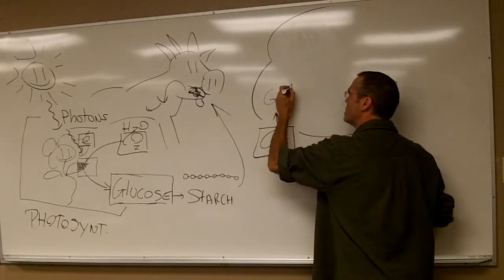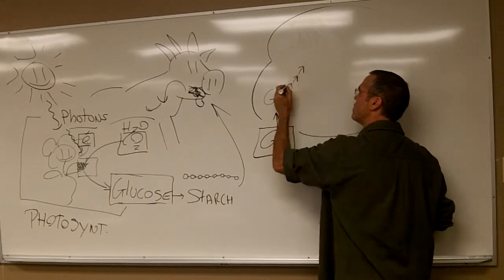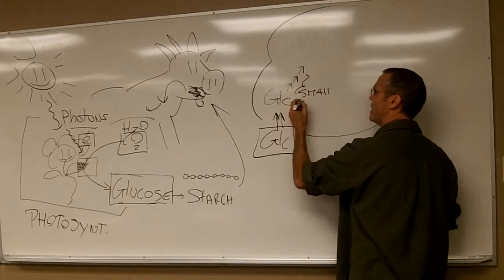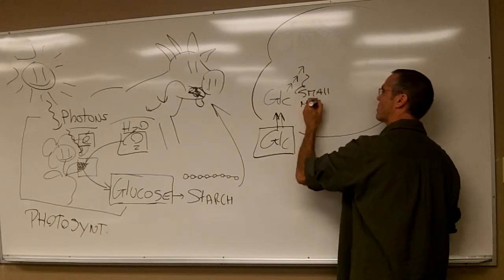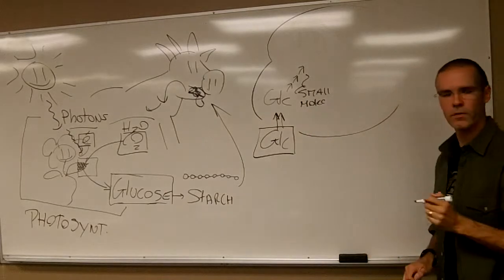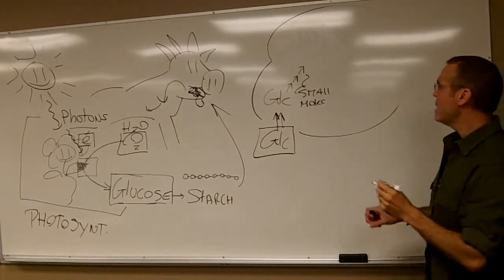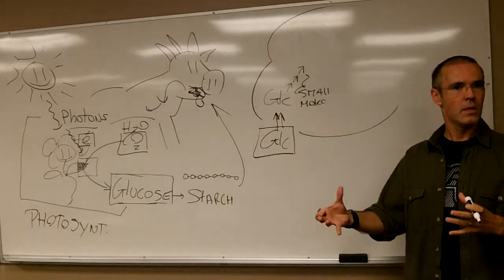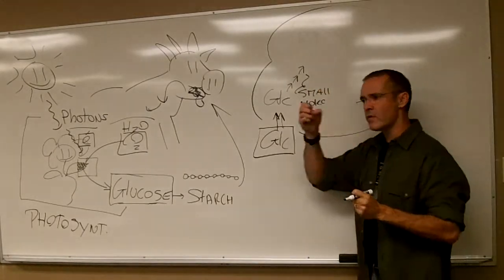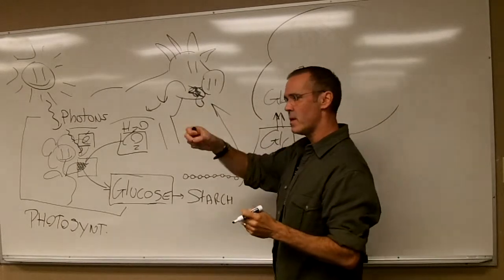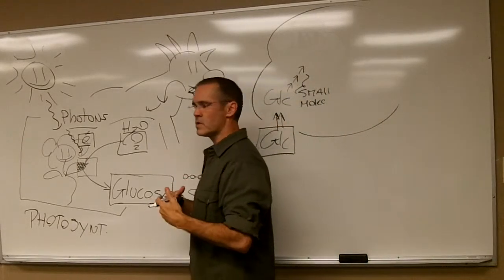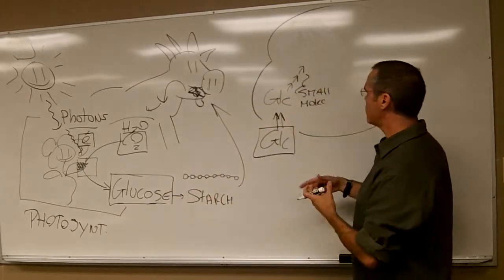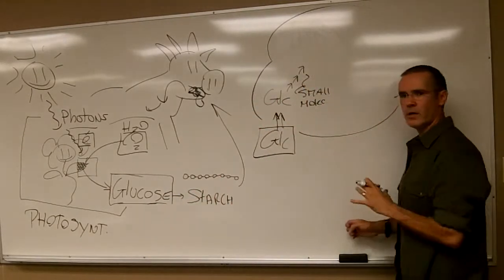So it's going to be degraded into small molecules, which I'm not going to name now. It's going to be degraded into small molecules with the help of enzymes. Each reaction is a step, and that step needs help.